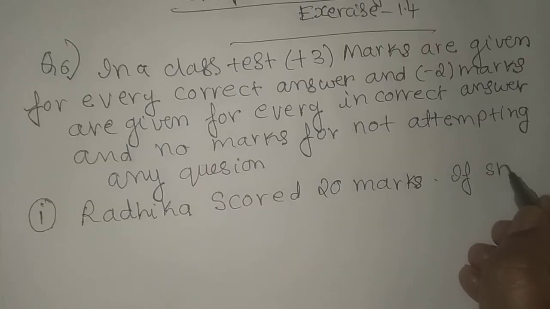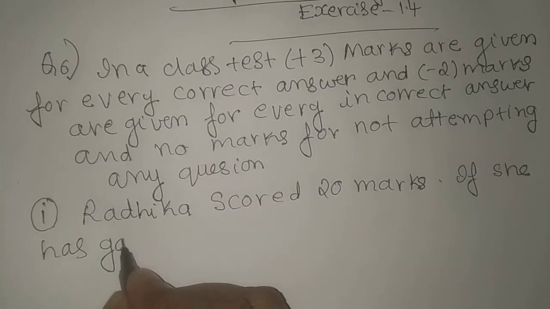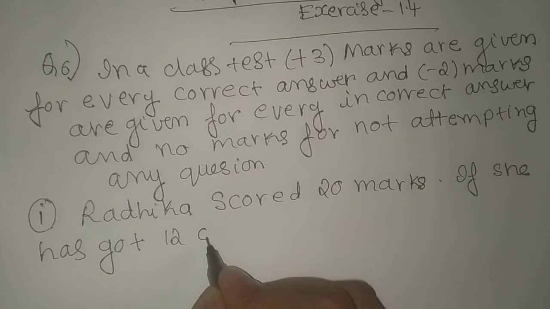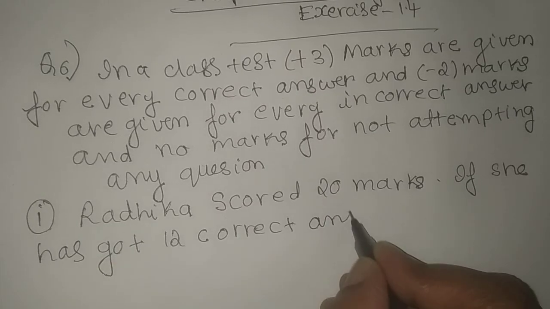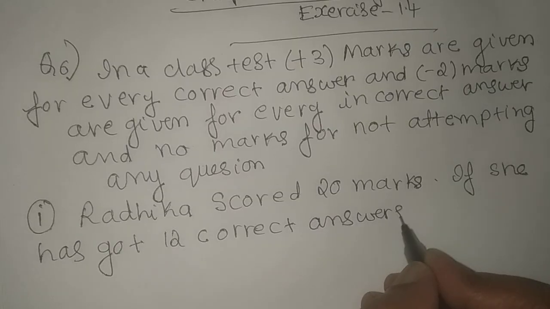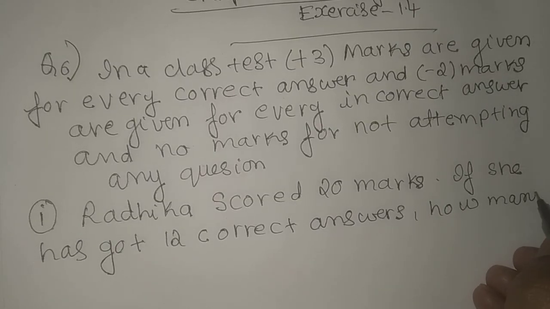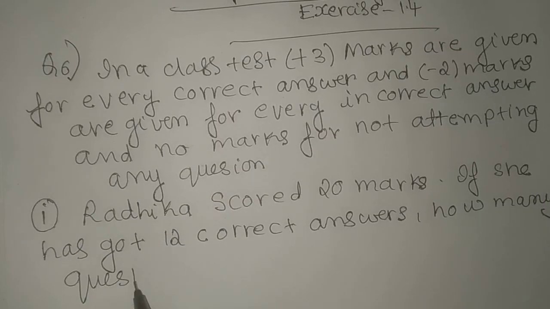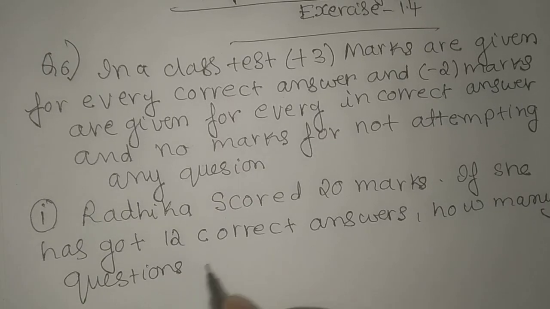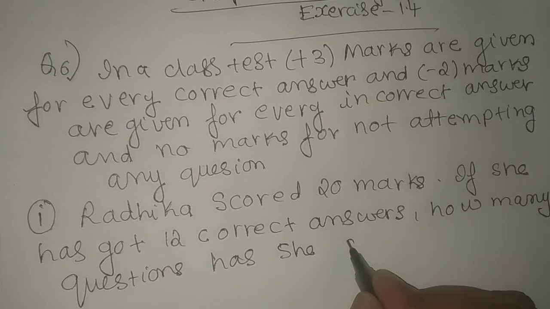If she has got 12 correct answers, how many questions has she attempted incorrectly?